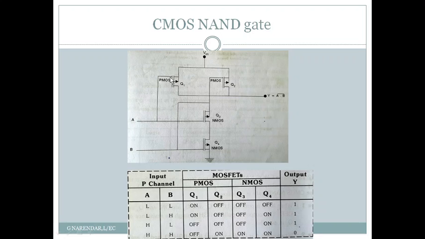So in that case the Q1 is equivalent to an infinite resistance. That means there is an open circuit between its source and drain. That means there is no connection between source and drain.